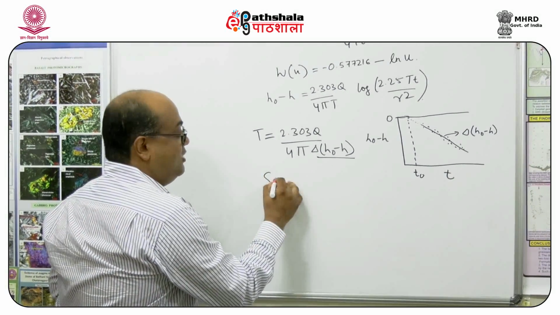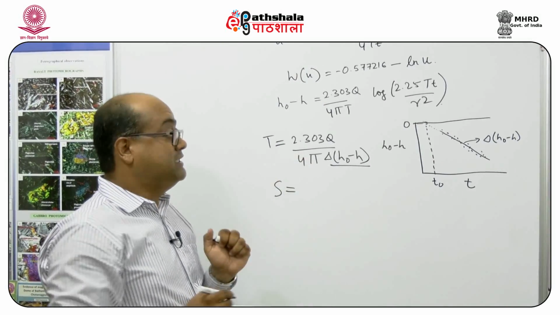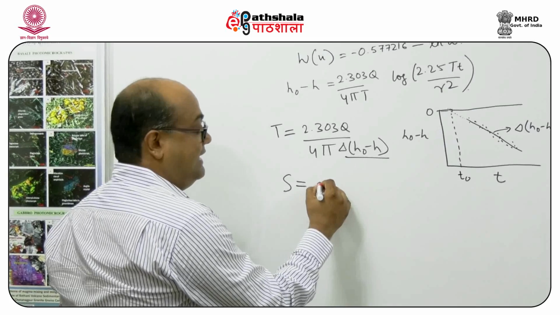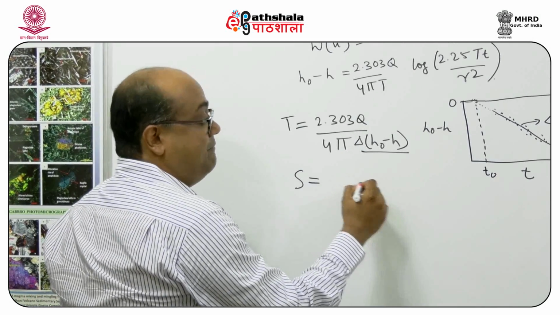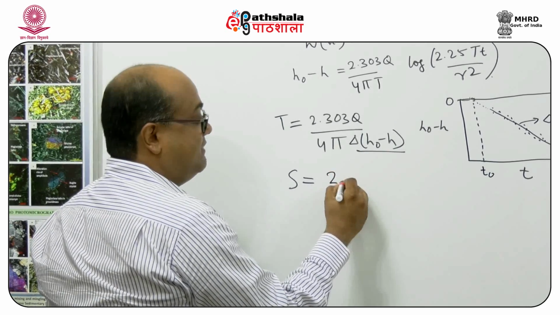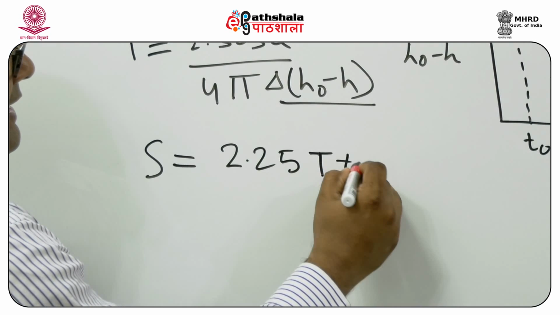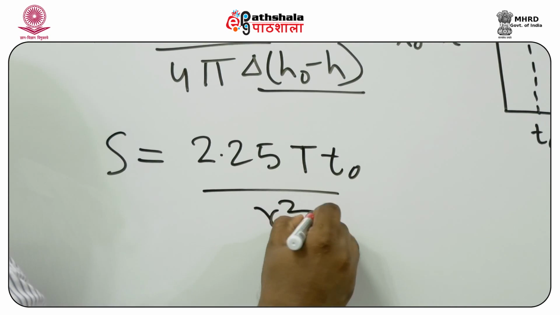Then, once we have the value of transmissivity, we can obtain the value of storativity by using the value of t0. Basically, it is given by 2.25 T t0 divided by r squared.